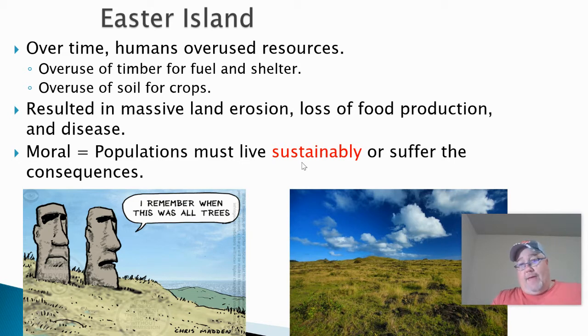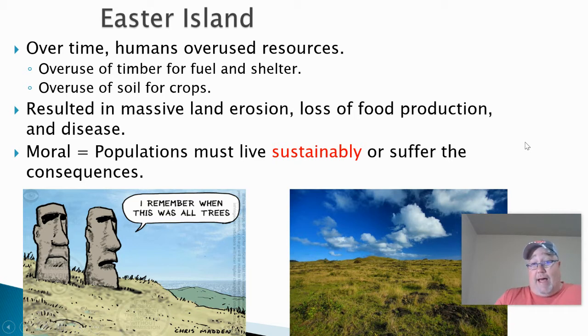I like to talk about that because this year in this class, we're going to be talking about the earth and a lot of things that we're doing that don't pertain to living sustainable lifestyles. And if we keep doing things like that, I'm not saying the whole planet's going to turn into an Easter Island, but who knows what could happen?